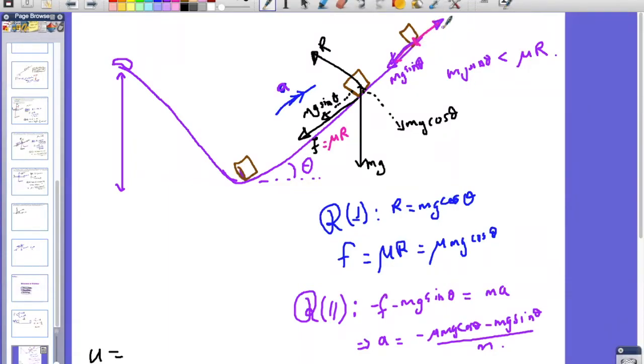So this friction will also be less than mu R, and its value will be mg sin theta.